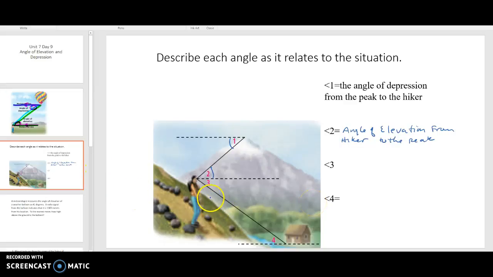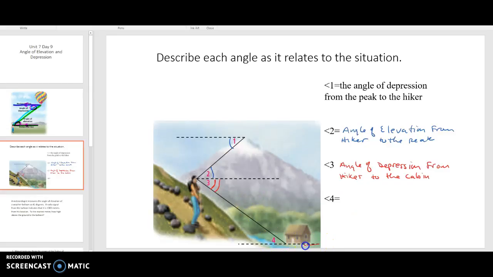Angle 3, now if you look, the hiker's horizontal line of sight bends to create this angle here. Since the hiker is looking down, that is the angle of depression from the hiker to the cabin. Now, what is angle 4 then?